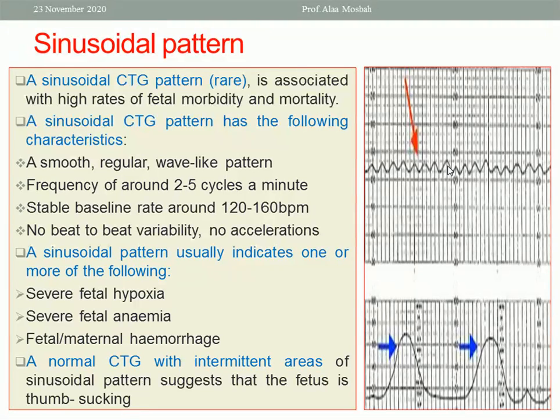What is the cause? The fetus is sucking. If the fetus is sucking, you may see this sinusoidal pattern in a part of the CTG, but you can diagnose it only if all other parts of the CTG are normal, and if you ask the mother to change her position, the sinusoidal pattern will disappear.